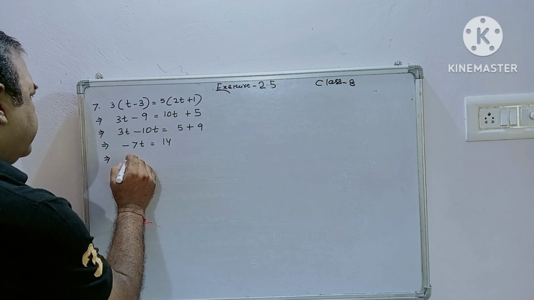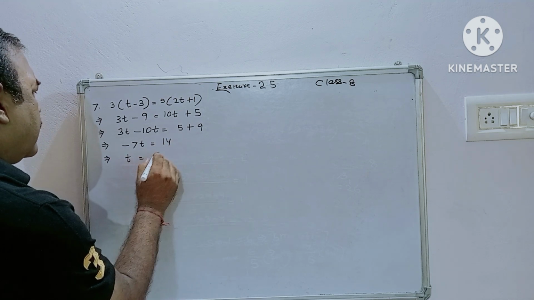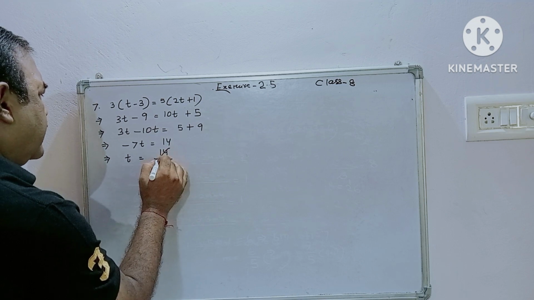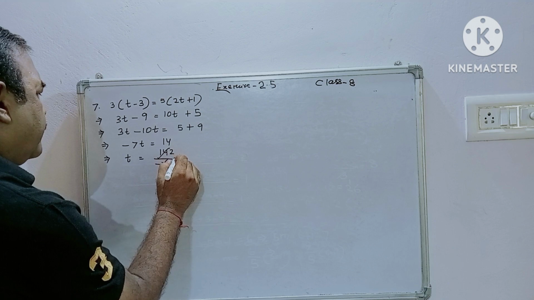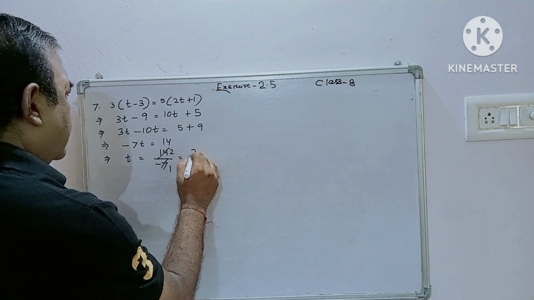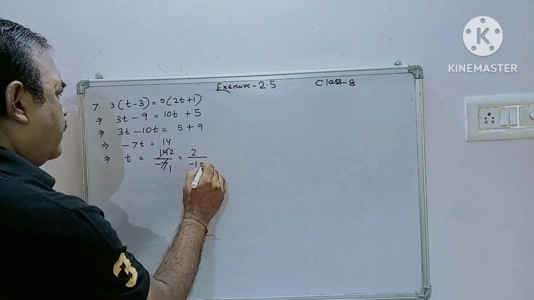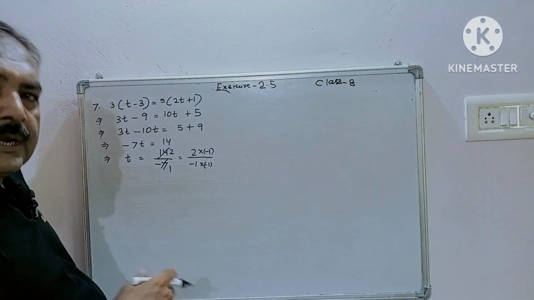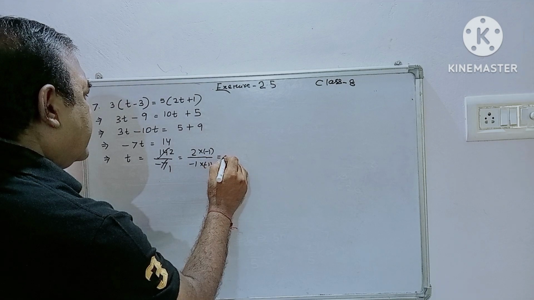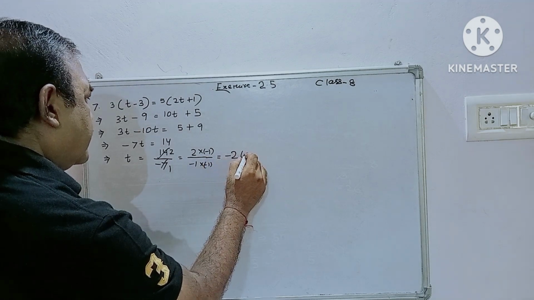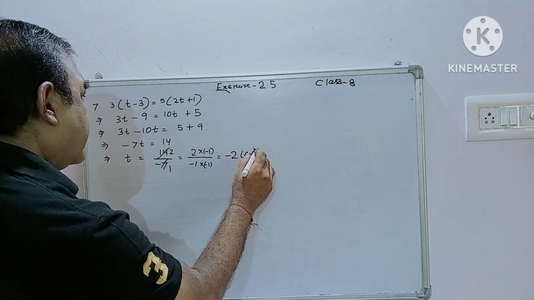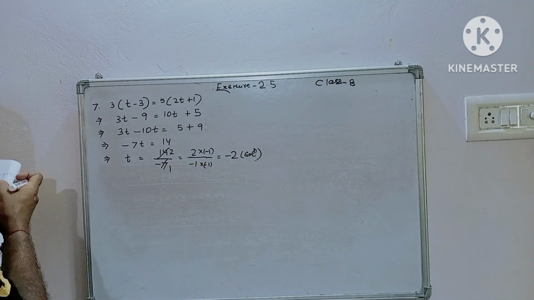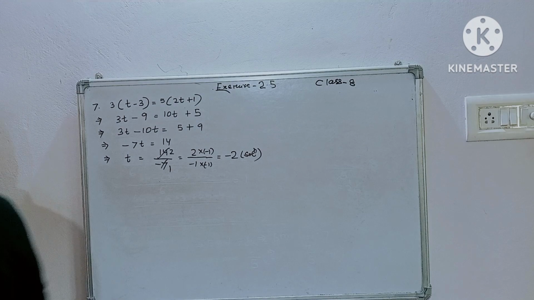That implies t is equal to 14 divided by minus 7. 7 twos are 14. So that is equal to 2 upon minus 1. You multiply minus 1 to both the numerator and the denominator, and the answer will be minus 2. So this is the solution. Okay, so this was question number 7. Now we move to question number 8.